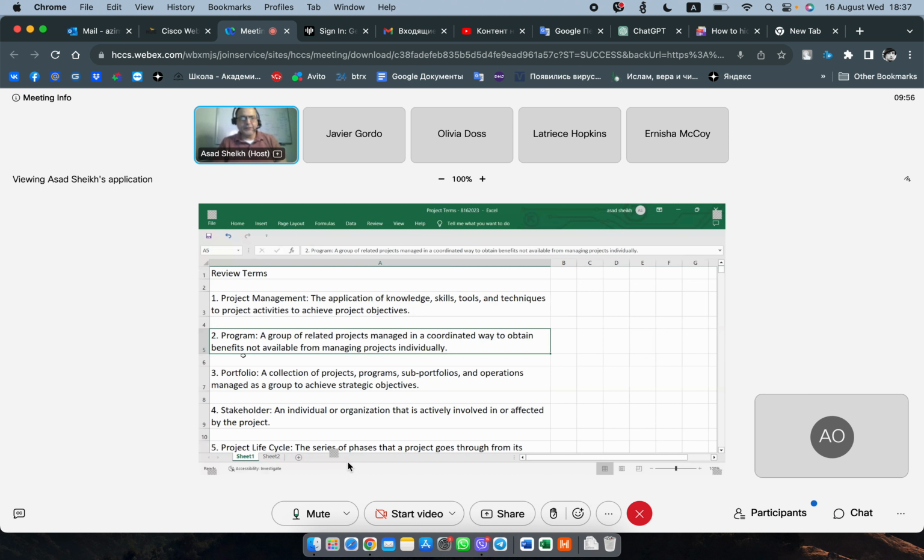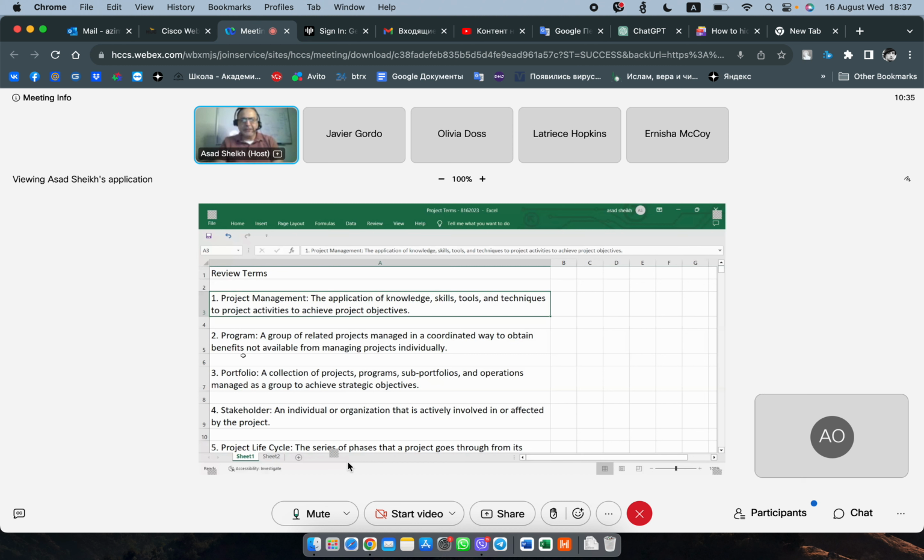All right, so let's review project management. The key terms here are knowledge, skills, tools, and techniques. So if, let's say, you have a PMP or CPM question, and they're saying, what is project management? You should be able to see knowledge in one of the answers, skills, tools, and techniques.